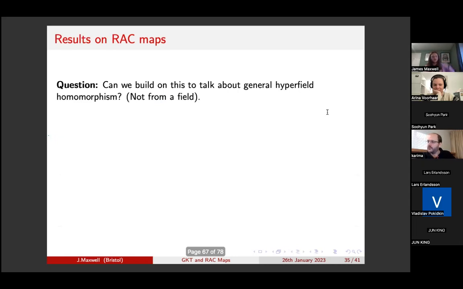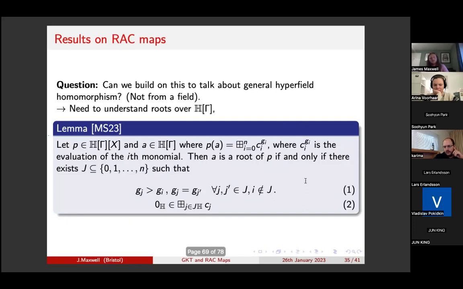So can we talk about this in general? Not going from a field to a hyperfield, can we genuinely take a hyperfield and go to another hyperfield without relying too much on the field structure? What we had to do was understand roots over these tropical extensions. And again, the details aren't incredibly important, but we came up with this lemma that talks about when things are roots over tropical extensions.